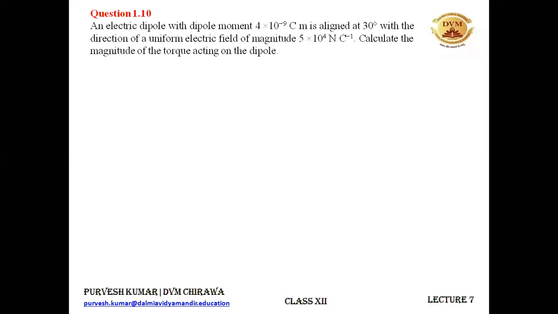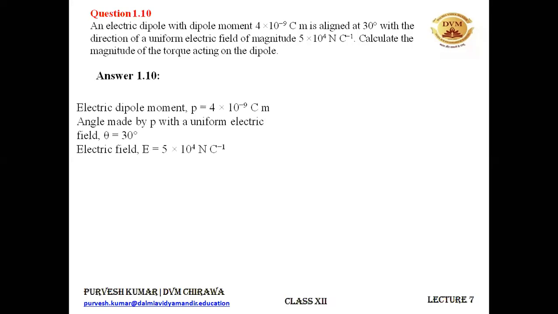So they are saying that a dipole is there and you are given the dipole moment and the magnitude of the electric field, and I've told you that whenever a dipole is placed in an electric field, it will experience a torque. We have done that derivation that whenever a dipole is placed in a uniform electric field, it will experience a torque. So let's solve it out.